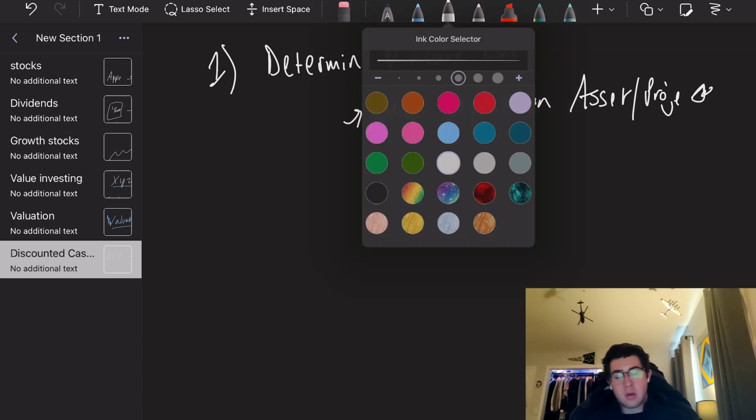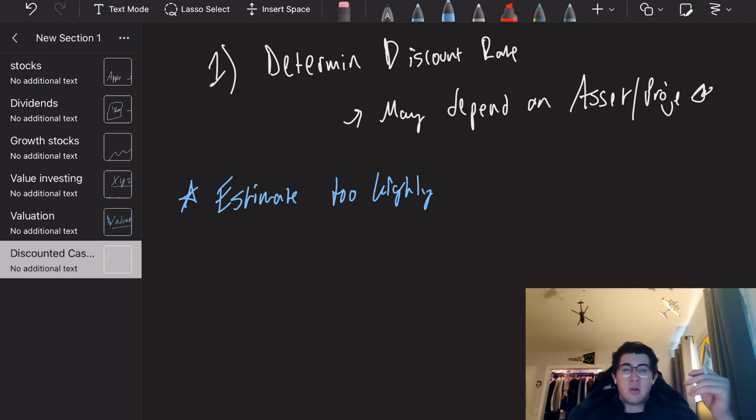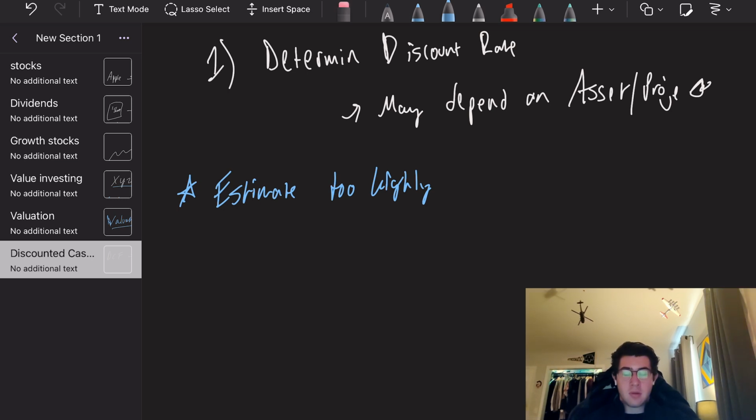Now, it's important to know here that if you estimate too highly, the result could be an overvaluation of the investment, and the eventual payoff is going to be overvalued.